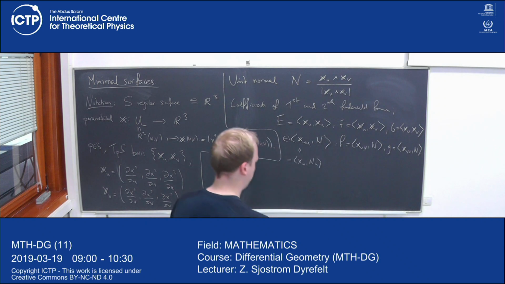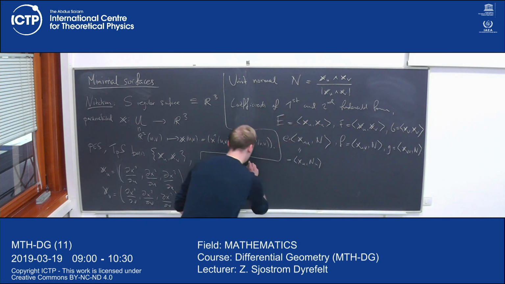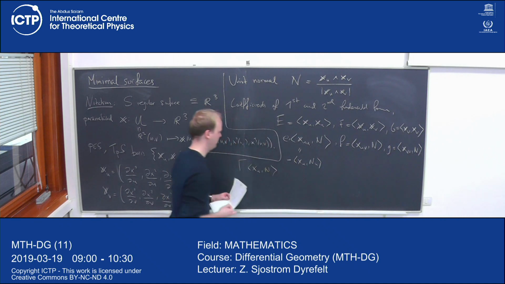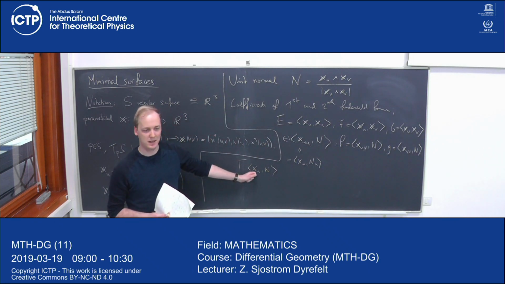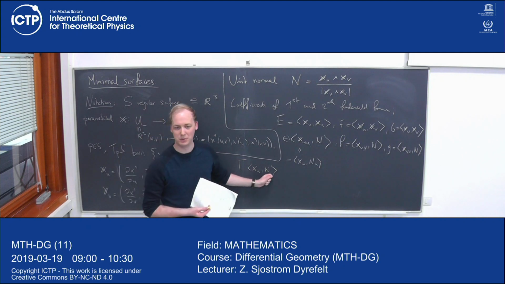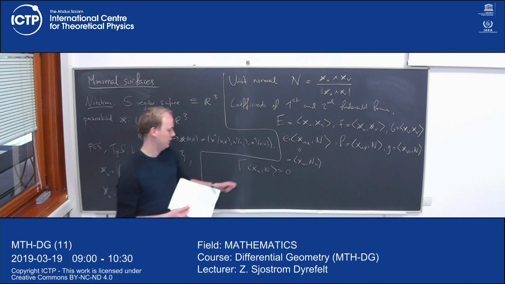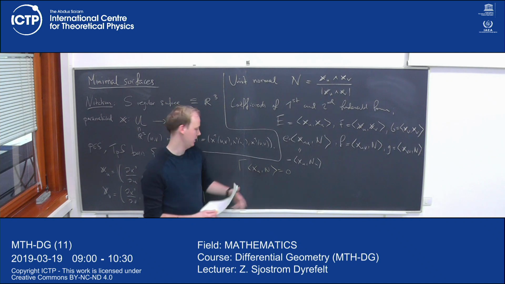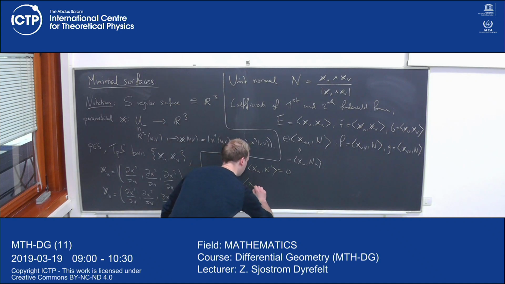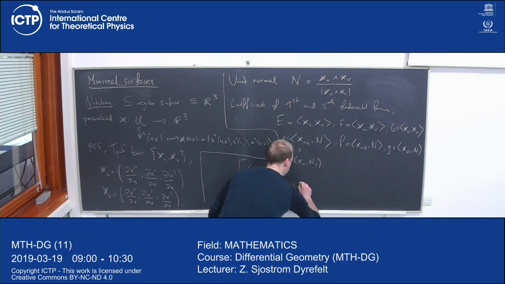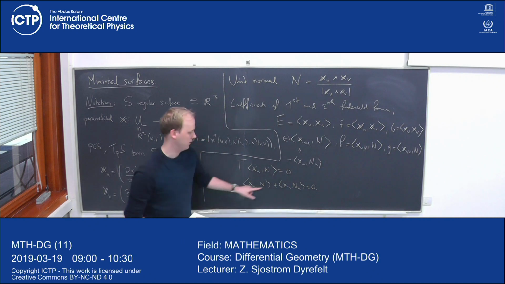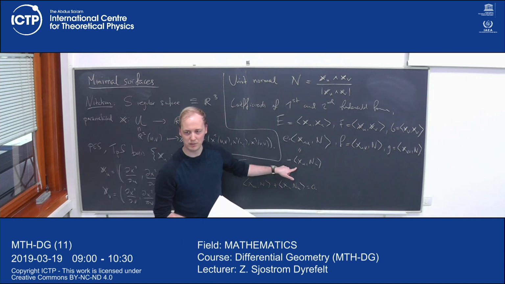So this is because if I take the scalar product XU and N, then XU lies in the tangent space of S, and N is normal to the tangent space. So what will this be? Well, this will be 0, because we are orthogonal. And then you differentiate this, and you get that XUU·N plus XU·NU equals 0, and hence you move it to the other side, and you find that this one equals this one.